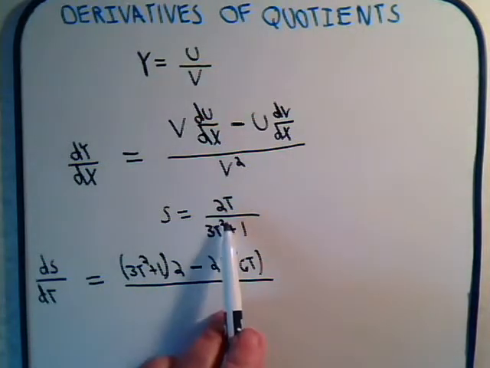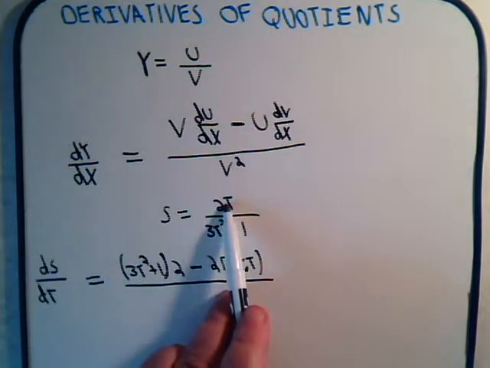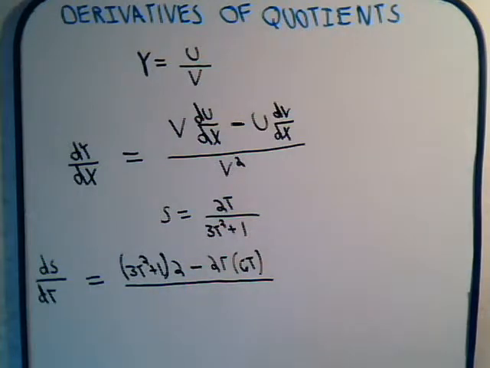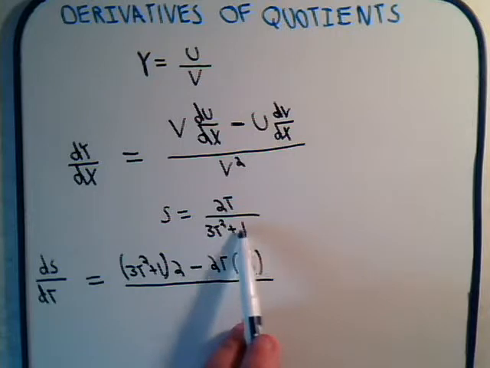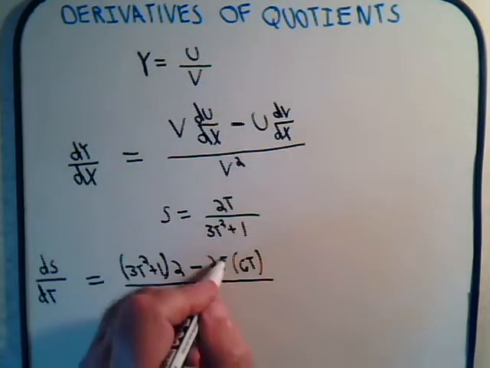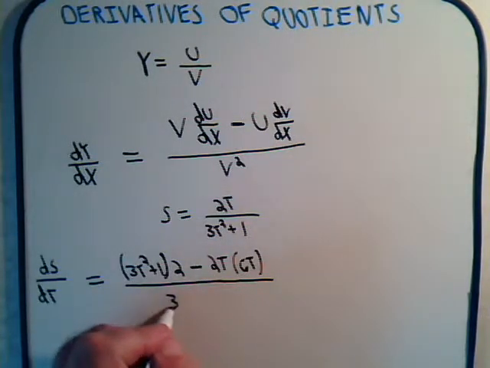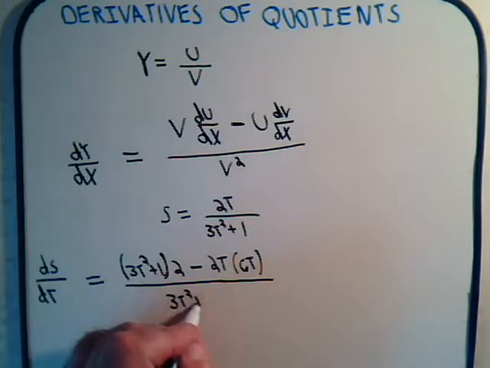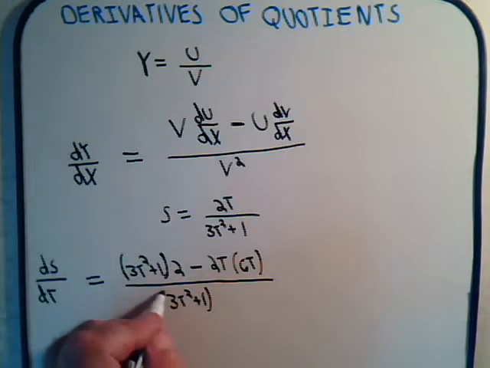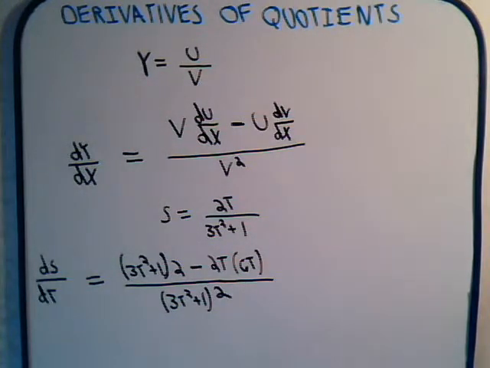So we had this function here times the derivative of this one, minus now this function here times the derivative of this one. Everything divided by this function squared. So it comes out like that, and that's it.